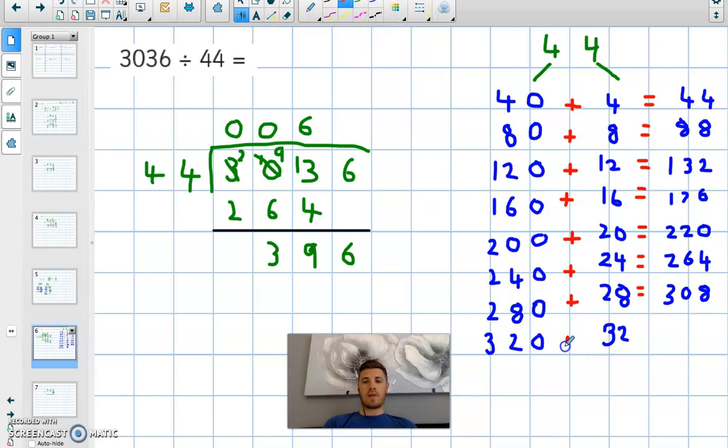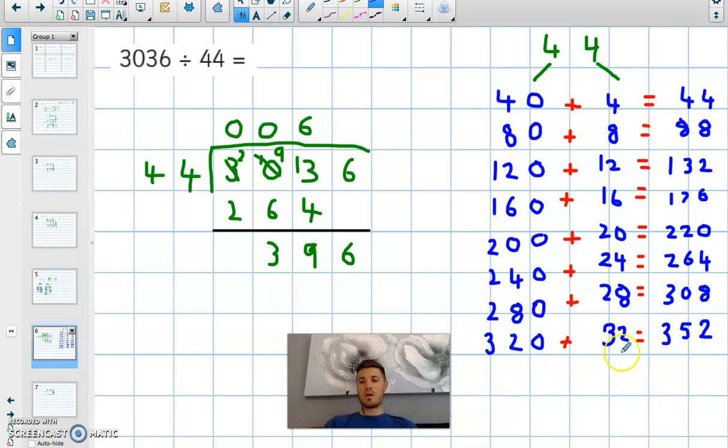Okay, so I'm going to add them together. I like to use fancy colours just to make it clear for myself. So 320 plus 32 is 352.